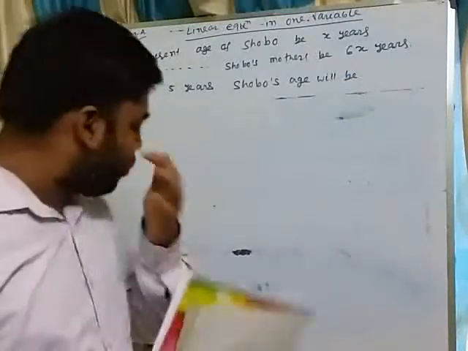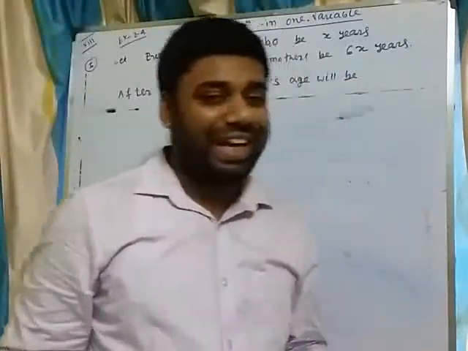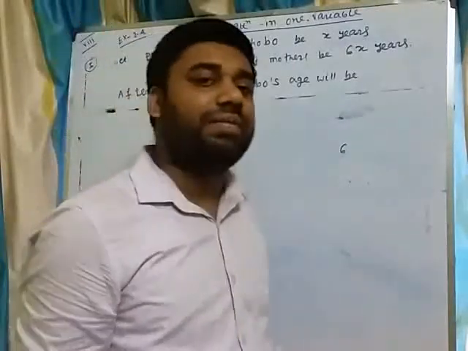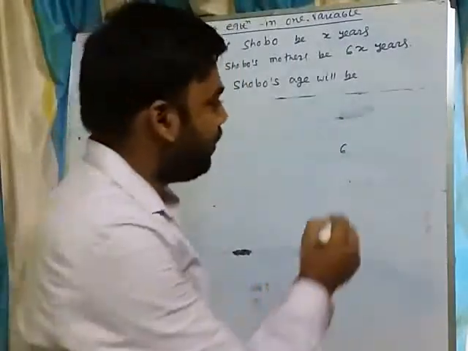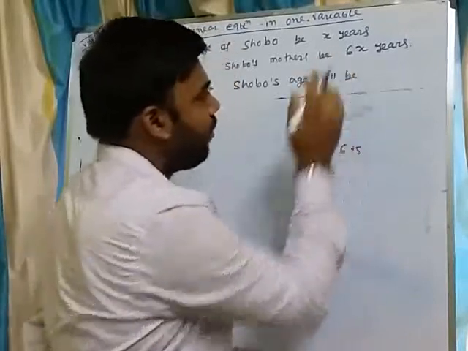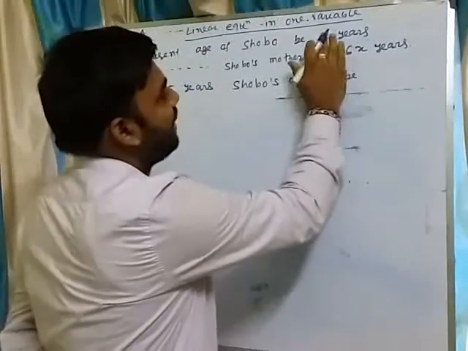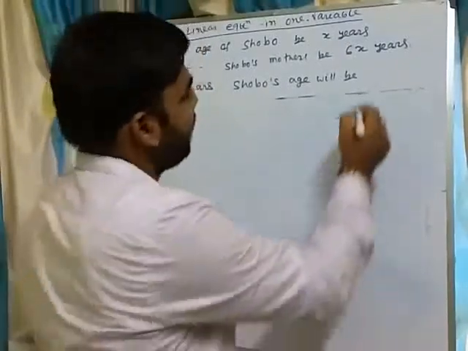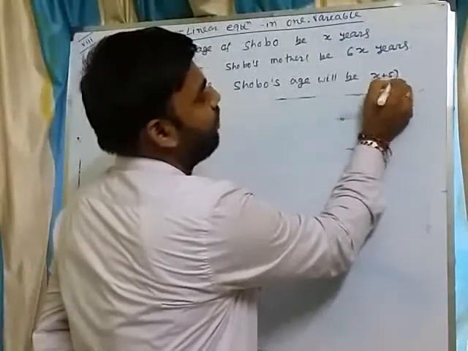What will be the age of Sobo? If anyone's age is 6 years, after 5 years its age will be 6 plus 5. Now in the question, Sobo's age is x years. After 5 years, the age of Sobo will be x plus 5 years.